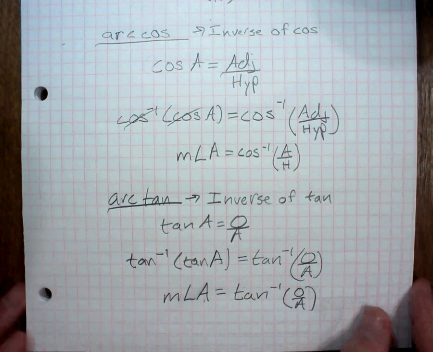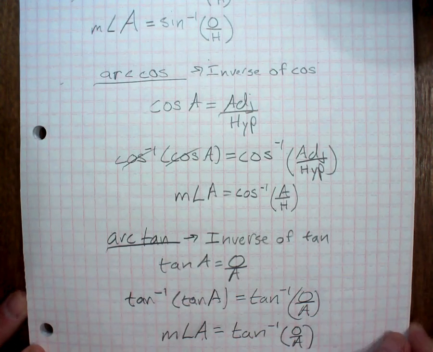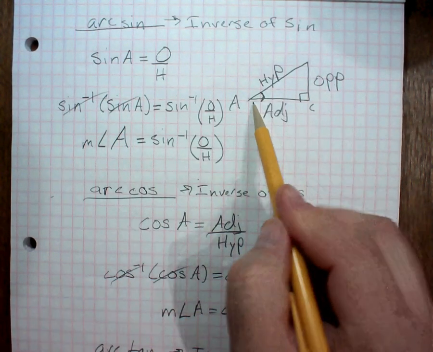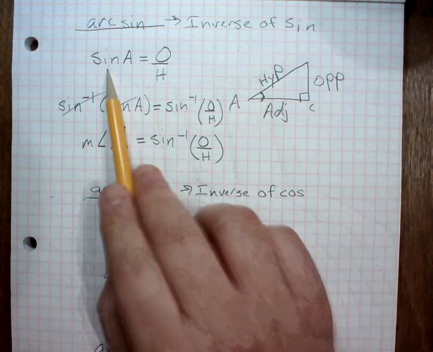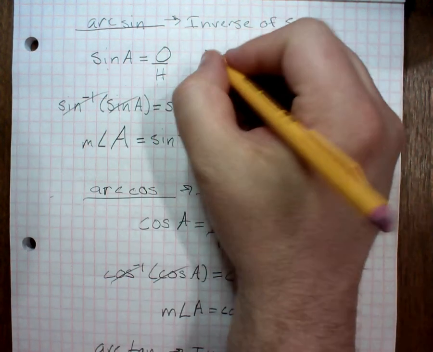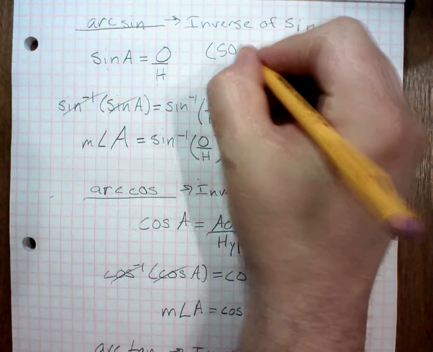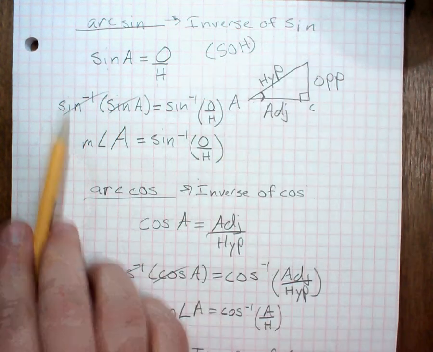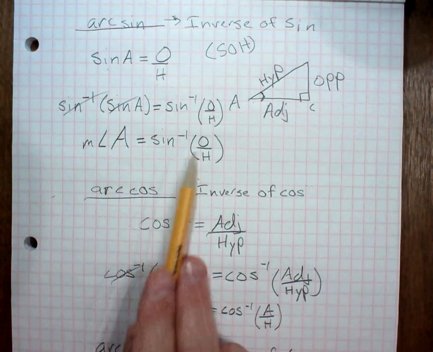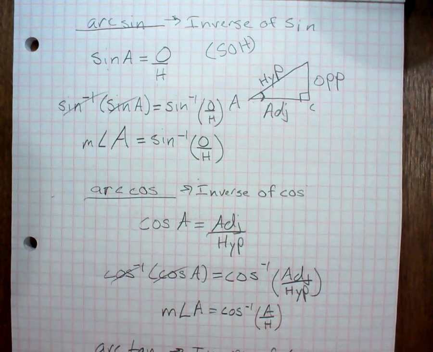Let's do a real quick recap. On the top here, arc sine. This is the same triangle for all three figures, but sine is the opposite over the hypotenuse. That's where we get the SOH from. If we take the inverse of both sides, I can find the measure of angle A by taking the arc sine of the opposite over the hypotenuse.